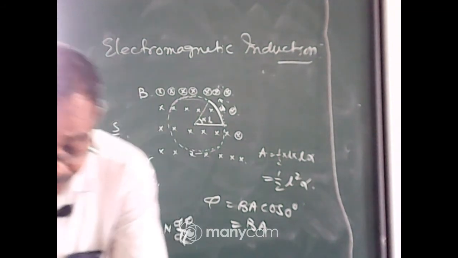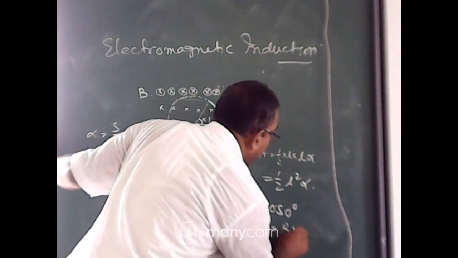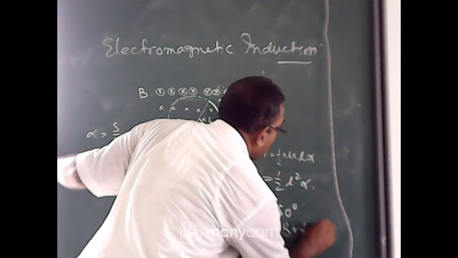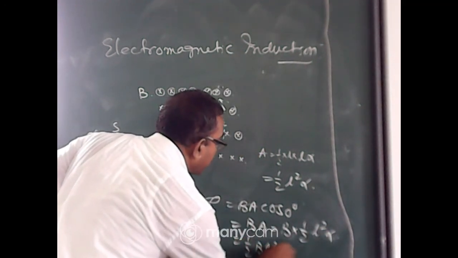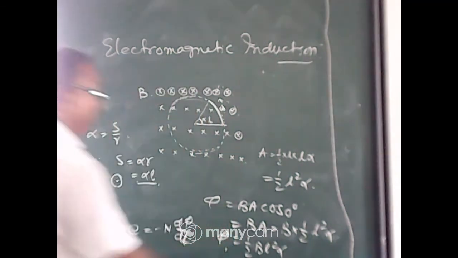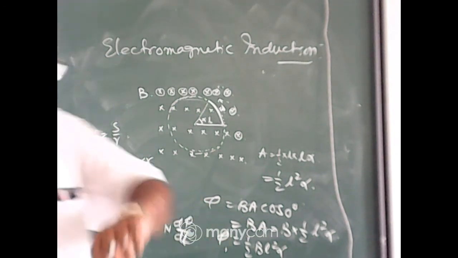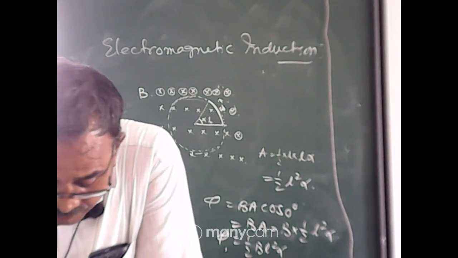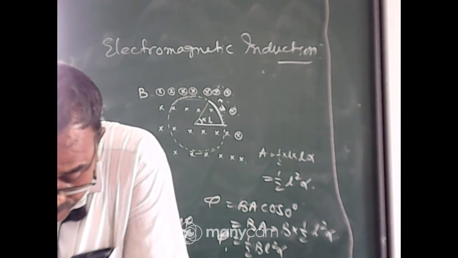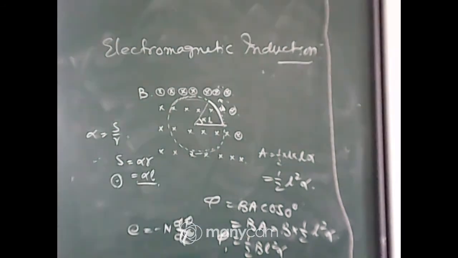What is the value of A? It is half into L square into alpha, so phi equals half into B into L square into alpha. You put here the value of phi, and E equals d phi by dt.